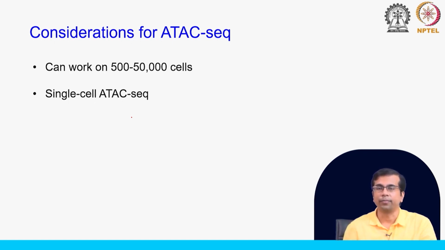Okay. So, it means you can now take out genomic DNA from one cell, and you can do this ATAC-seq. Because this process works with very low amount of DNA, you can even work with a single cell. This is not possible with other methods. Other methods rely on some sort of digestion or chemical treatment, and one of the steps with chemical treatment or restriction digestion is that you have to purify the sample after those treatments.